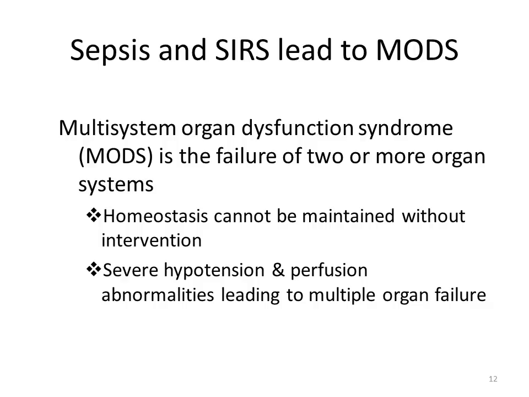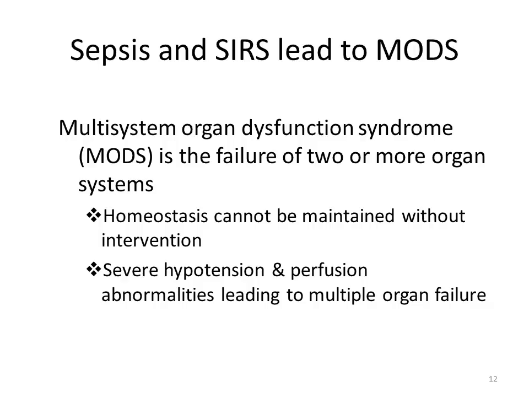So sepsis and SIRS lead to MODS. MODS, multi-system organ dysfunction syndrome. MODS is the failure of two or more organ systems. Urinary output is down, kidneys are failing, bilirubin is up, liver is failing, lungs, poor perfusion, so the failure of two or more organ systems.